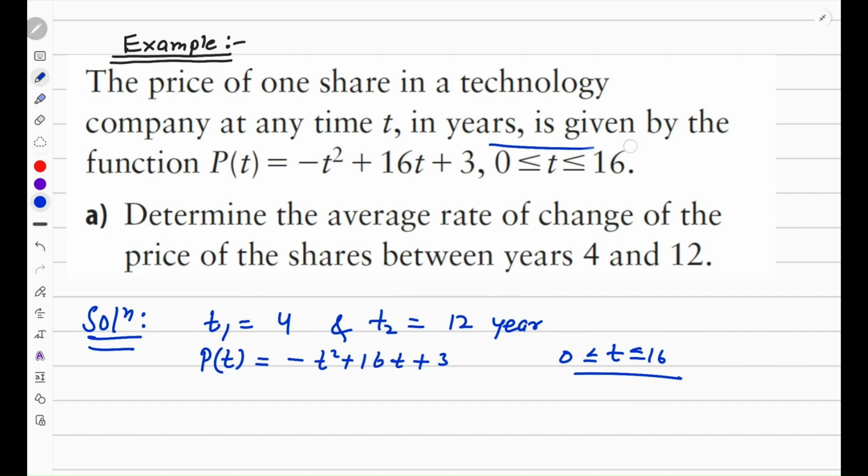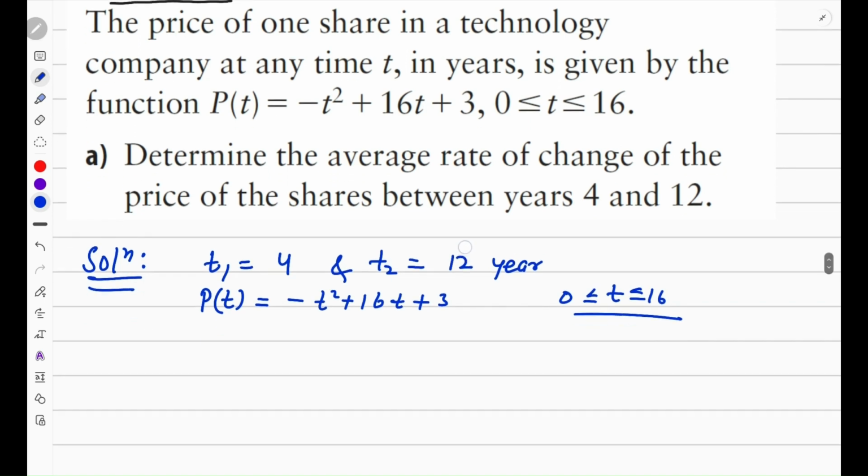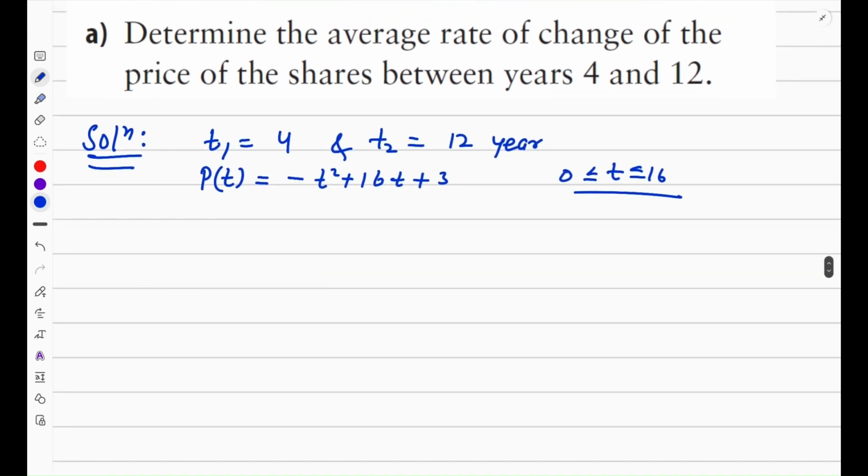Both our times are valid in this duration. This is the reason why it is given, because this function is valid only for this range, and both our times are in this range. Now what we have to do is calculate the average rate of change.